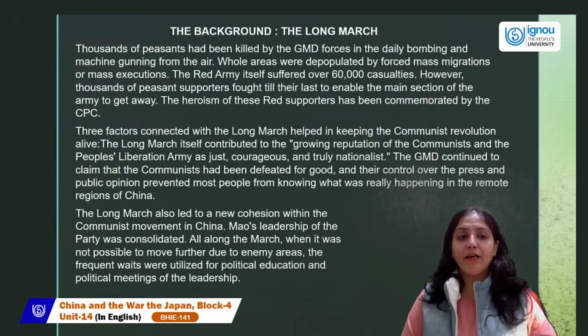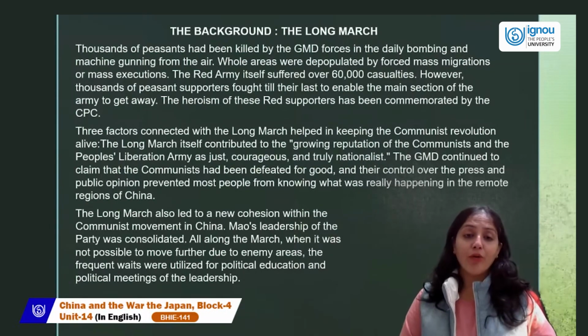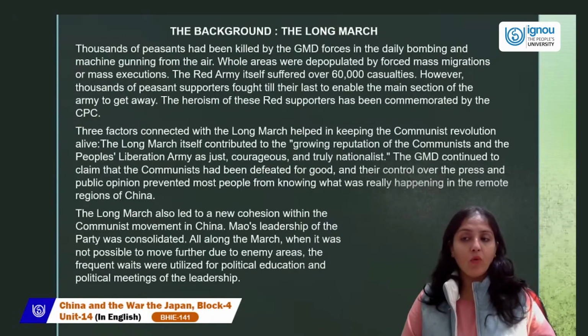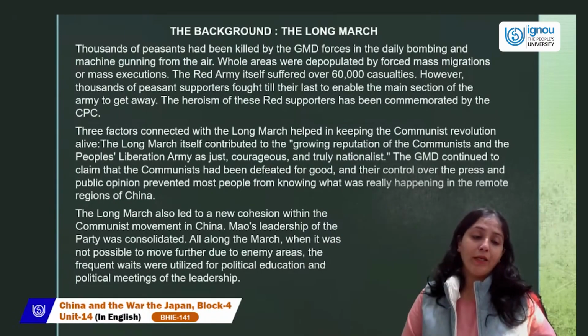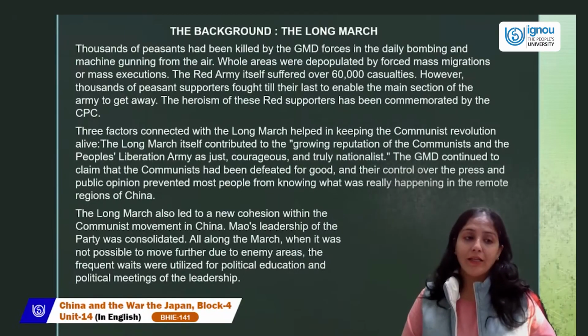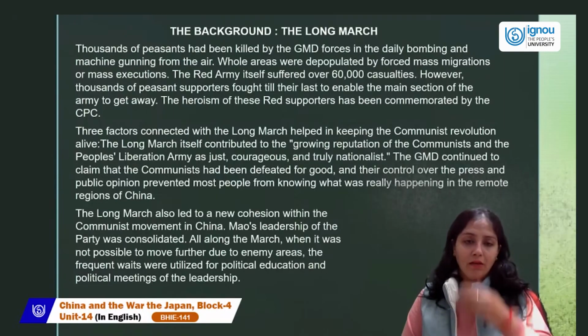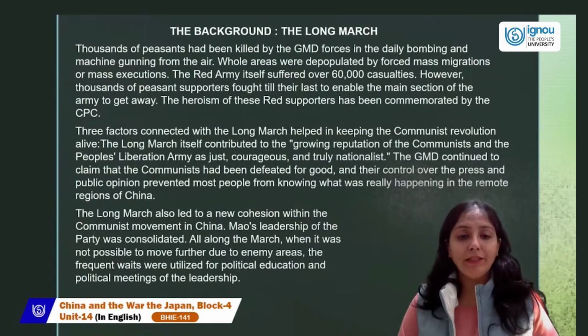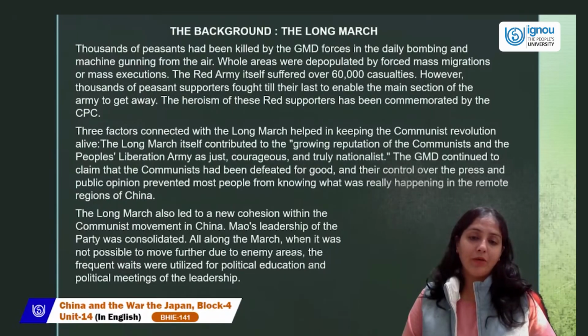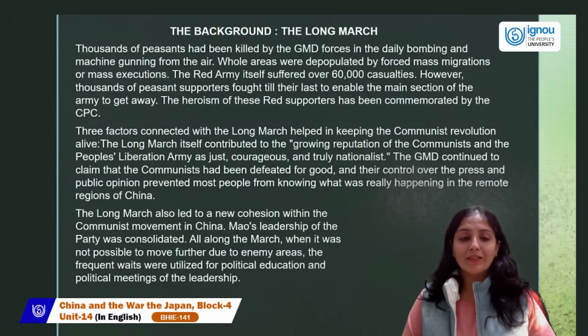The Kuomintang continued to claim that the communists had been defeated for good, and their control over the press and public opinion prevented most people from knowing what was really happening in the remote regions of China. The Long March also led to a new cohesion within the communist movement in China. Mao's leadership of the party was consolidated.